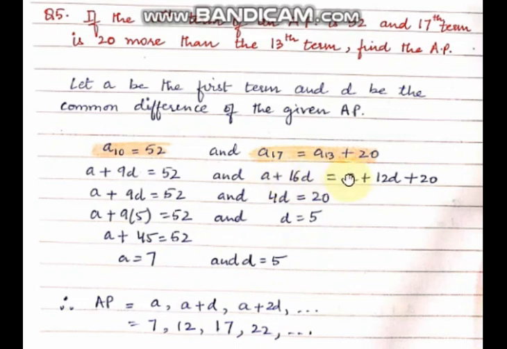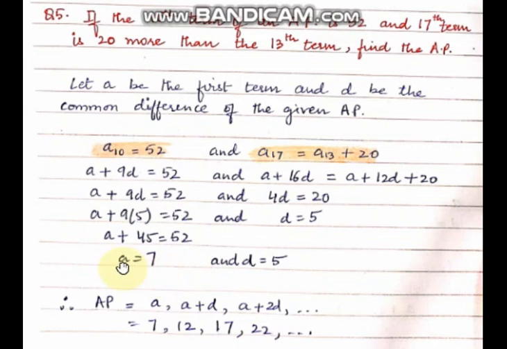A and A get waved off, and 16 minus 12 gives me 4D. 4D is 20, and further D is 5. So once D is 5, I can substitute the value of D here, because I am aware of neither A nor D in this particular question. So from here, once I get D as 5, substituting it here and further solving, I get A equal to 7.